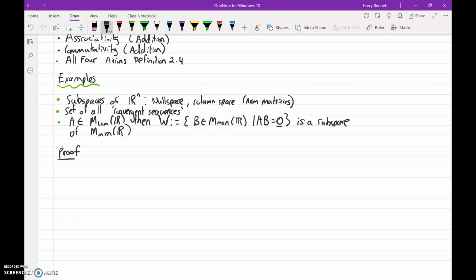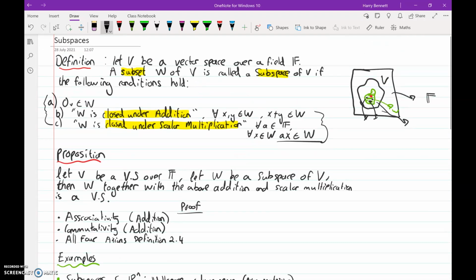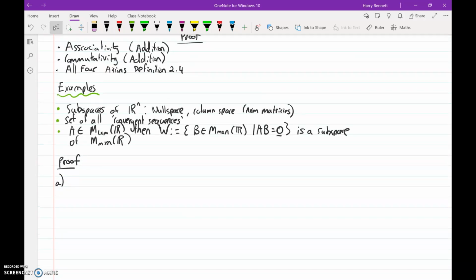Here's the proof. Firstly, we need to prove that the zero vector is in W. How do we prove this? Let A be an L by M matrix with real entries.